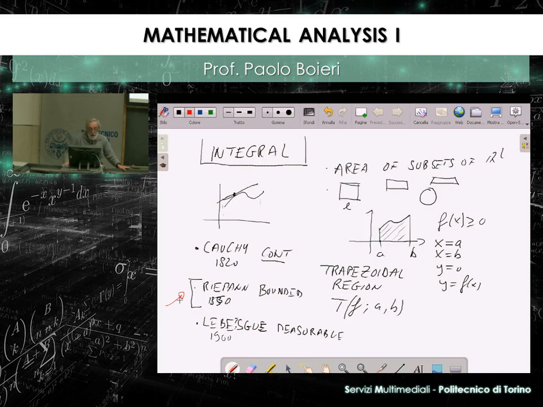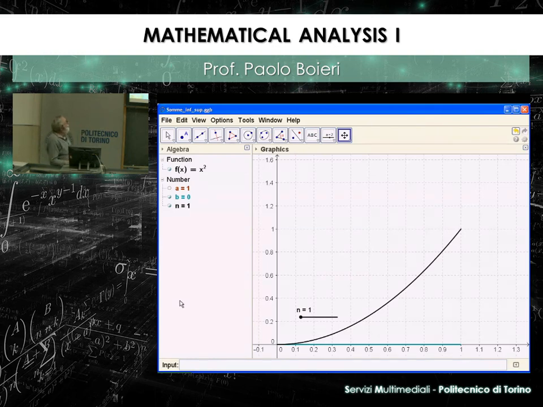Okay? Let's say first what the idea is, and then we pass to technical questions. The idea you can see from this graph. We have, for instance, the function x squared in the interval 0, 1, and I want to say, how can I measure the area that is below the graph, above the x-axis, in the interval 0, 1?